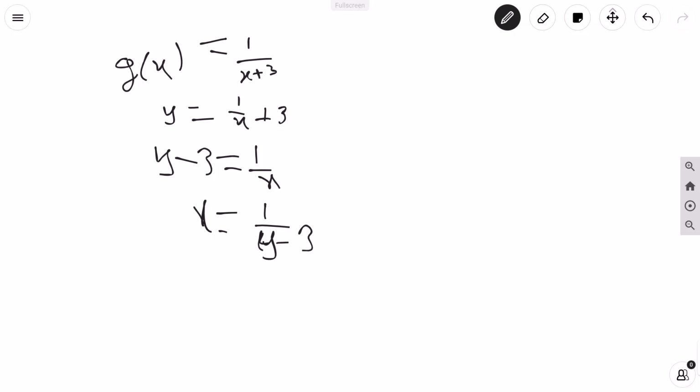So now I know the answer is g inverse of x equals 1 by x minus 3.